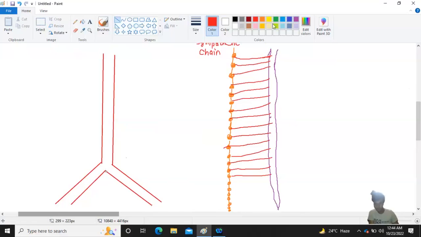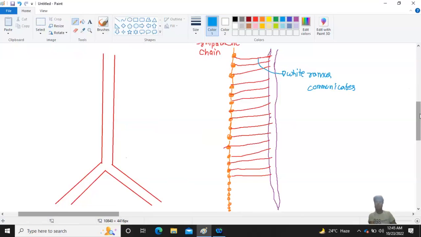So here the plexus is formed of splanchnic nerves. These nerves do not relay in the sympathetic ganglion; they come out as white ramus communicants and then go into the prevertebral plexus. Then many splanchnic nerves are formed.